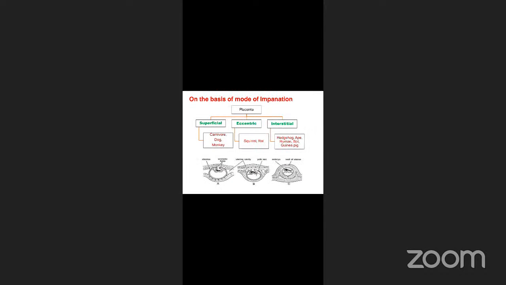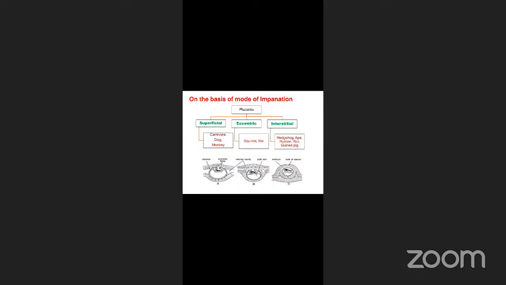First is on the basis of mode of implantation. What does implantation mean? Usually in females, there is a lining around the uterus, which is called the endometrium. This lining is usually removed every month as a part of menses, resulting in the menstrual cycle.